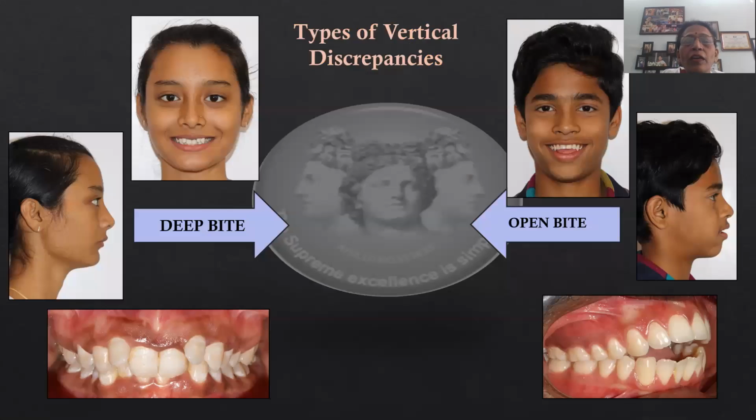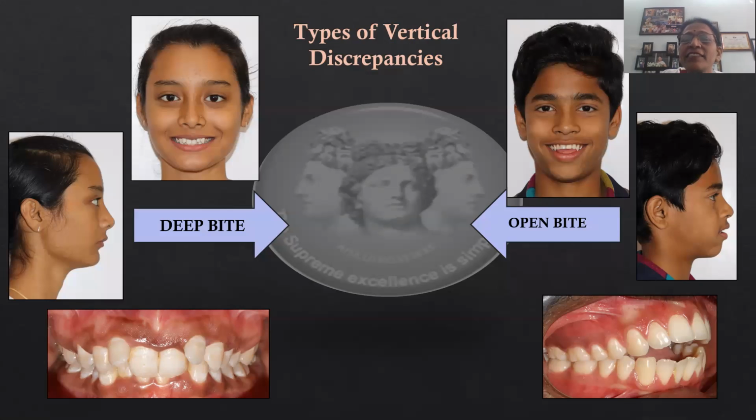Broadly classifying the vertical discrepancies, it could be an increase in the vertical height or a decrease in the vertical dimension. When it is an increase in the vertical discrepancy, it leads to a long face, increased lower anterior face height, steep mandibular plane angle, and obtuse gonial angle associated with an open bite.